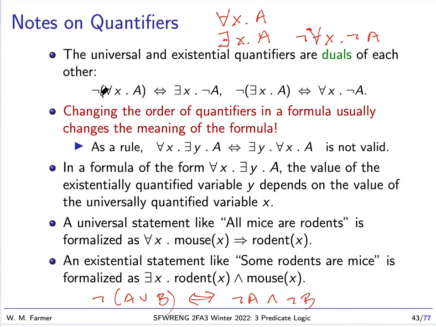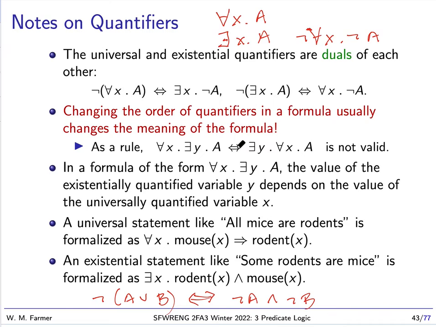When I take the negation of this, I flip this and get this and the negation of A. In the same way here, when I take the negation of an existential quantification, I flip backwards E to upside down A. Okay, so the universal quantifier and the existential quantifier are duals of each other.